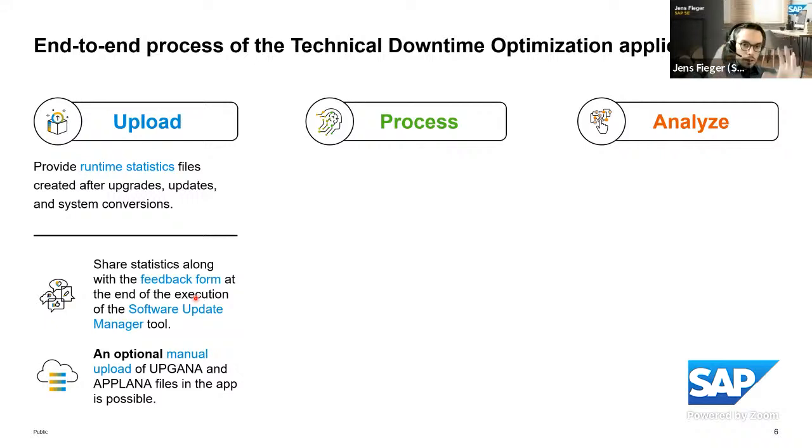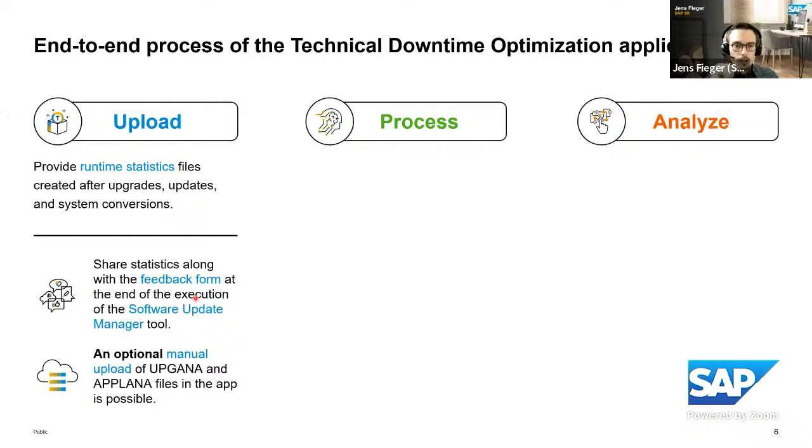So that feedback form also has, in the small text, we have written down, the feature that not only your long text and the email address, etc., will be transmitted to SAP, but also the so-called UPG-ANA, the upgrade analytics file. Along with sending that feedback, this file will be uploaded and made available in our analytics database.